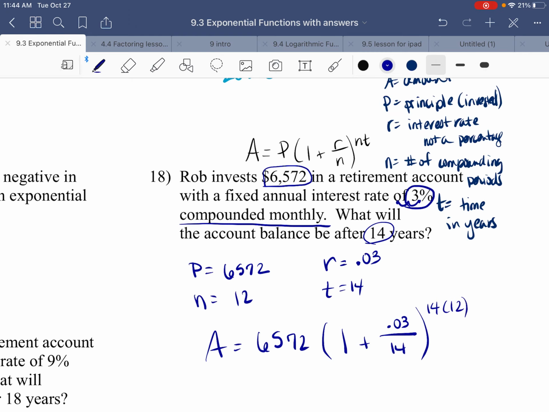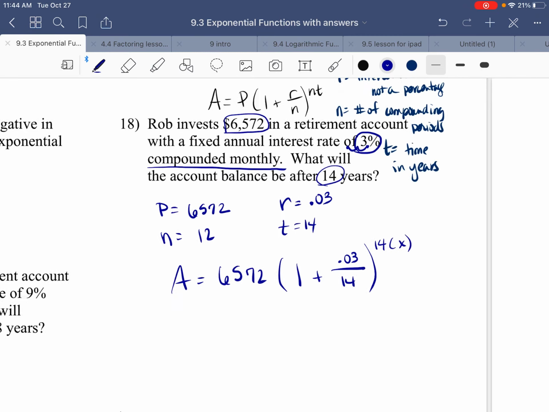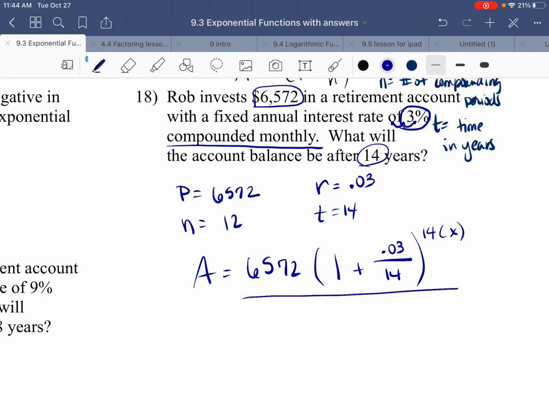Now sometimes you're going to be asked to calculate this for multiple years, so I like to just put an X there, and then I can calculate it for different years. So if you put this in your y equals screen, then you can use the table to evaluate for multiple input values. So let's see if I can transfer that to my calculator on the next screen.